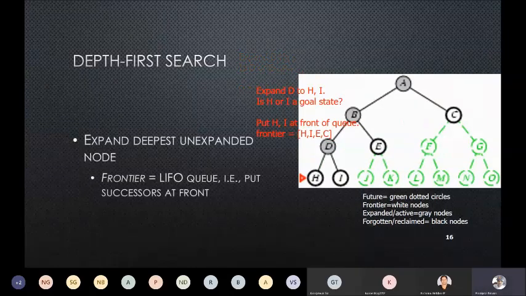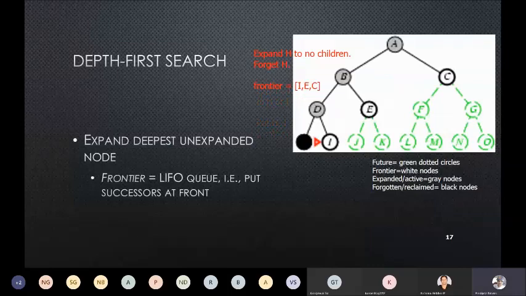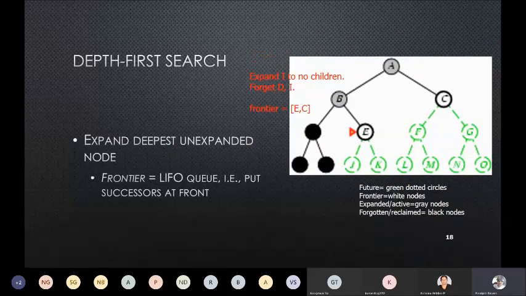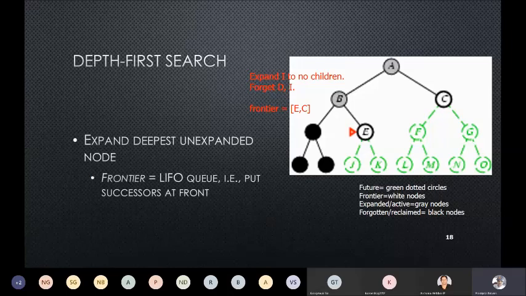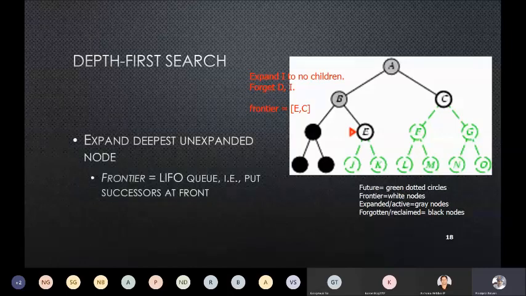Then we will go to the children of D, which is H, and then we will look at I, and then we will look at J. So as if we are cutting our hypothetical tree across this left vertical line, and only when I am not finding my goal node within that branch, then I am backing up.